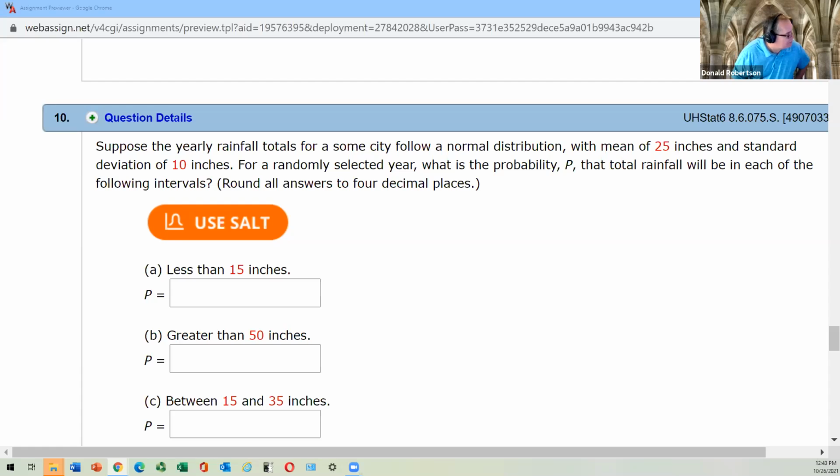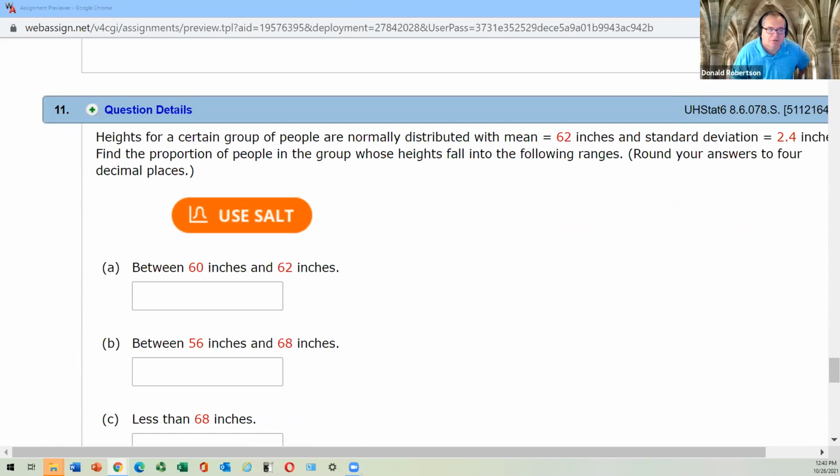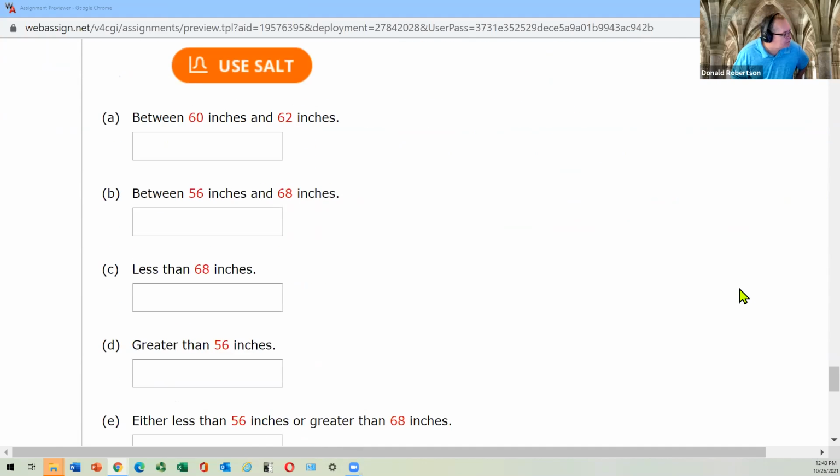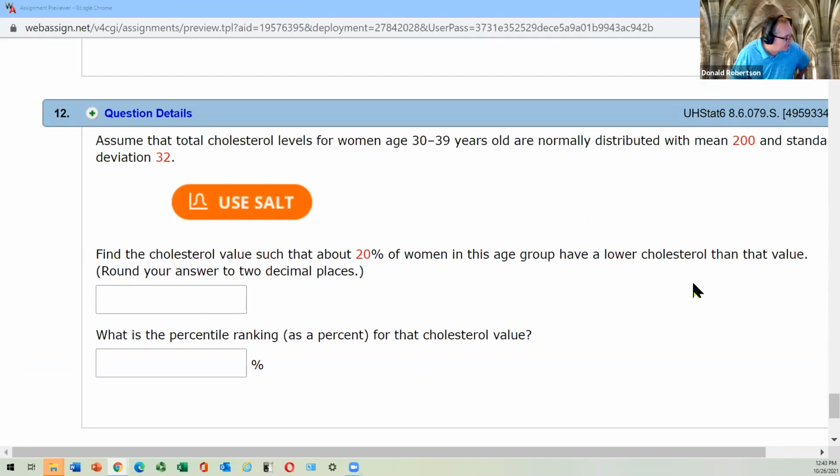Okay. Well, the last question that we are going to be looking at is one that involves us doing percentiles. So let me do it. It's question 12. Can you see this, by the way? Are you looking at question 12 on the screen? Yes. Okay.